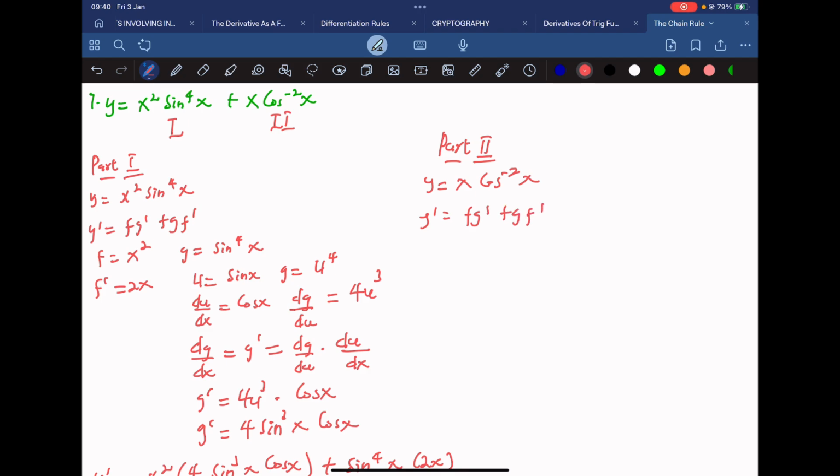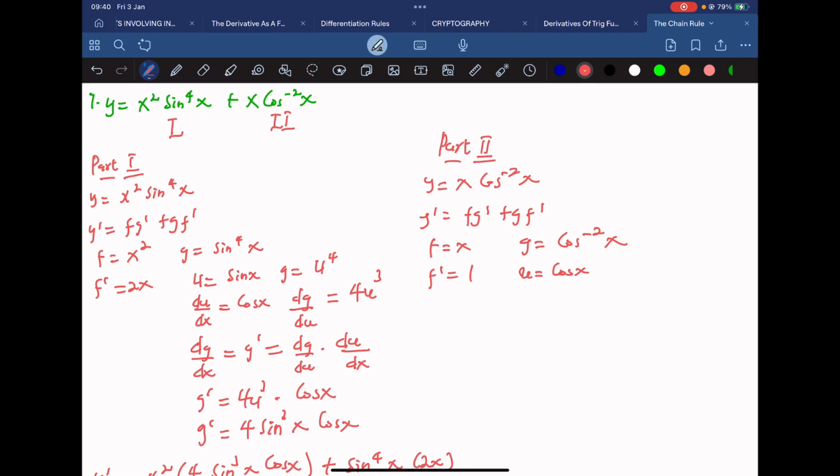So in this case, our f is x and our g is cos inverse of negative 2x. So if we differentiate x, you get a constant, which is 1. Now to differentiate g, we have to use the chain rule. And in using the chain rule, we can represent u by, remember, cosine of x.